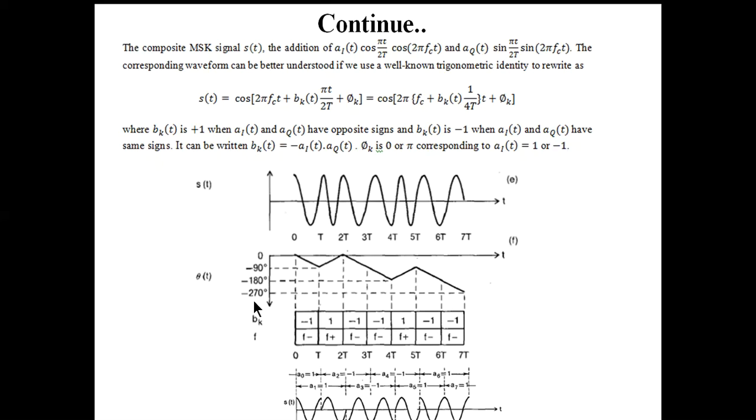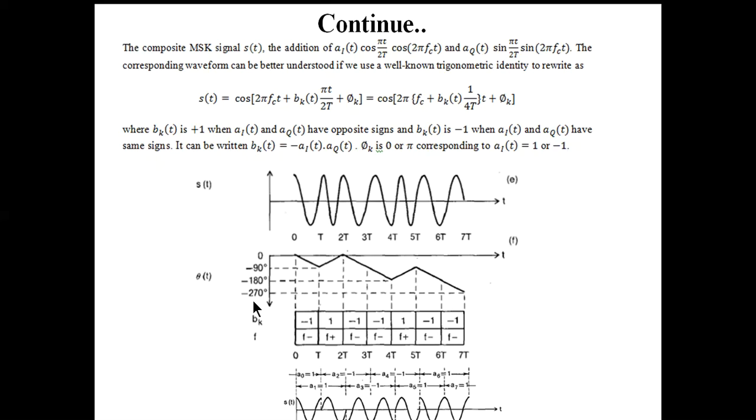Here bk is the symbol whose value becomes plus 1 if AI(t) and AQ(t) have the opposite sign, and bk(t) is minus 1 when AI(t) and AQ(t) have the same sign. That means we can write bk(t) as nothing but minus AI(t) multiplied with AQ(t).